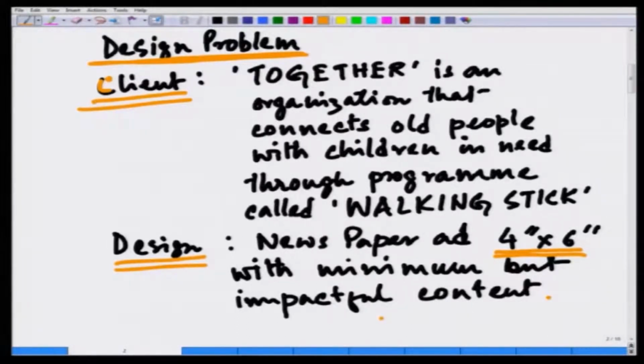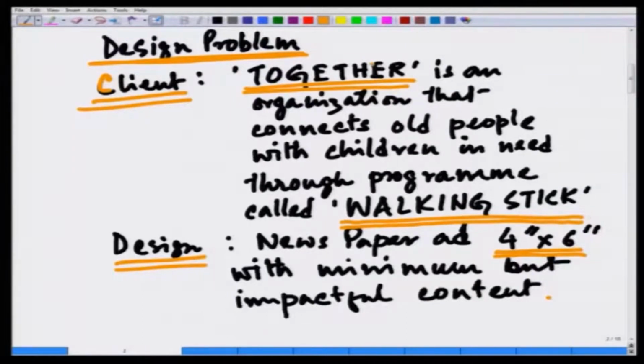We are designing for a different user group, and the client is the person assigning this design to us. So we should know where all these people stand in the process of design. Together is the organization that connects old people with children who are in need through a program called Walking Stick. So we have the name of the organization, Together, and the program, which is also like a temporary program, called the Walking Stick.